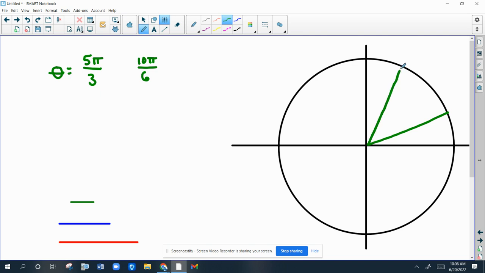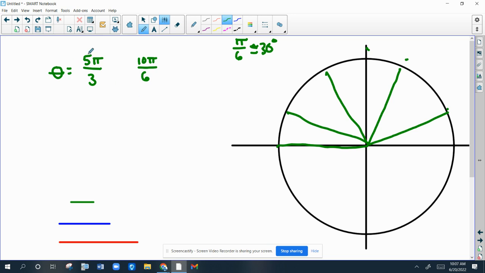Pi over 6 is 180 divided by 6 in degrees. So that's 30 degrees. So we have 30, 60, 90. It makes sense. And then another 90 to get to 180, and so on and so on. Since in calculus we're going to be looking at radians, we want to stick with the radian mode.